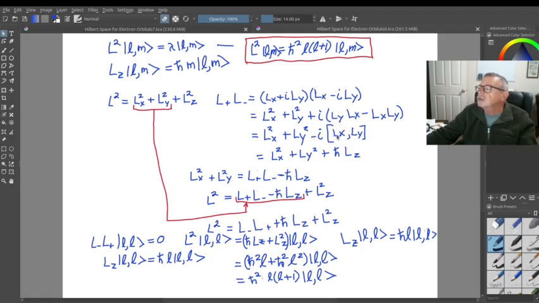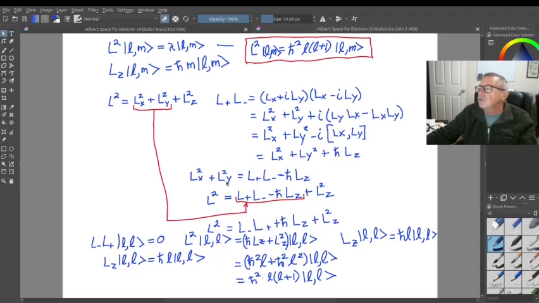The commutation operator for Lx and Ly yields, for this expression here, a minus i h bar Lz. And if we plug in minus i h bar Lz, that will result in a plus h bar Lz.